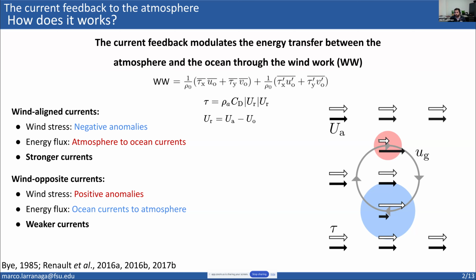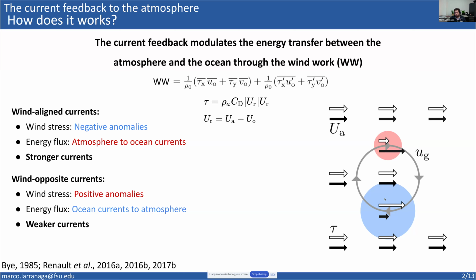And as the wind stress and the currents have the same direction, we have positive geostrophic eddy wind work, which means that the atmosphere gives energy to the ocean. But as the wind stress is smaller, we have a smaller energy flux.